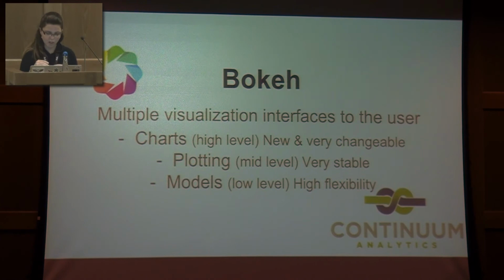And then you can go very low and use models, where you can define practically everything of the plot from the grid to the line, but it gets very verbose. Today I'm going to show you charts, how I found some limitations using charts, and how I transformed my plot in a better way using the plotting interface.